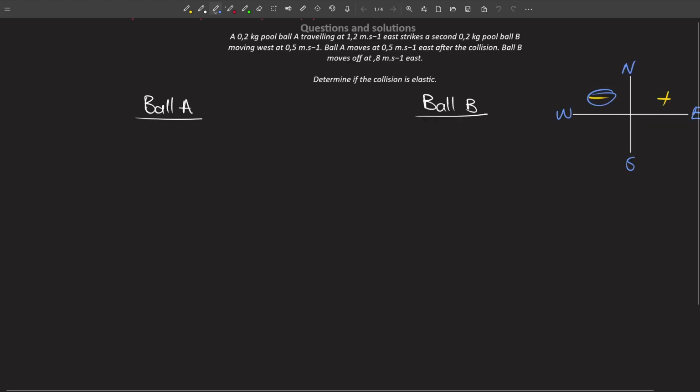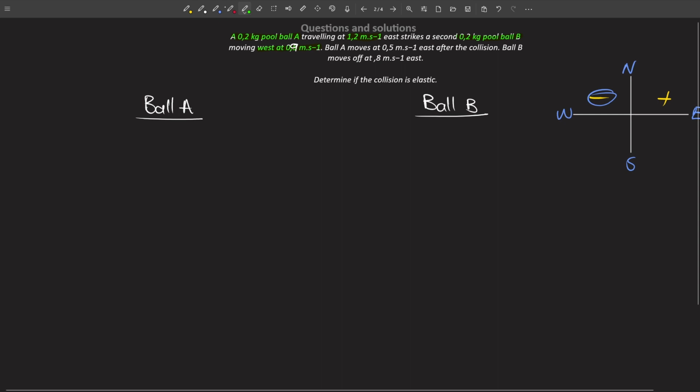Okay, let's now look at an example. A 0.2 kilogram pool ball A is traveling at 1.2 meters per second east, and strikes a second 0.2 kilogram pool ball moving at 0.9 meters per second.